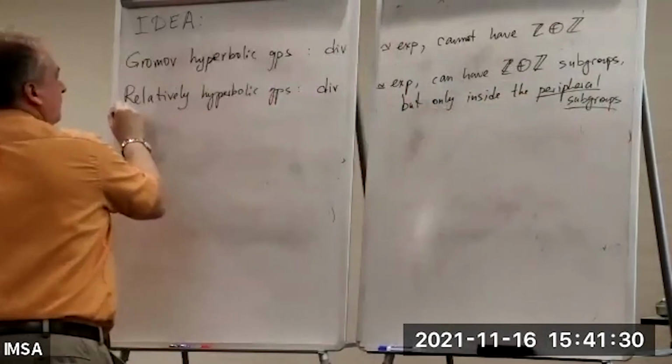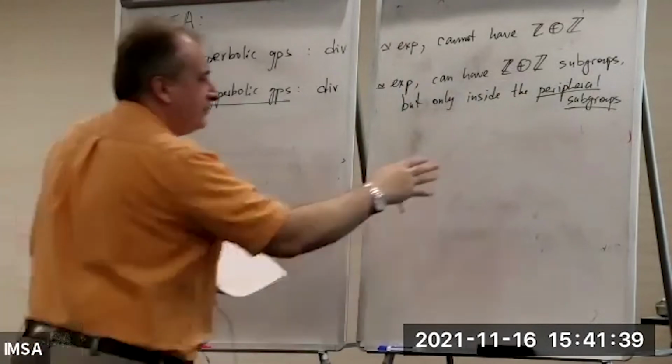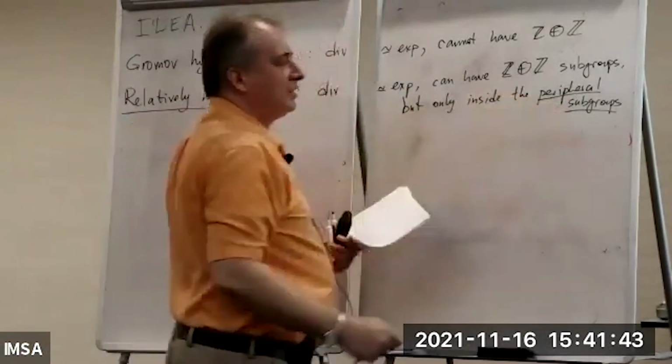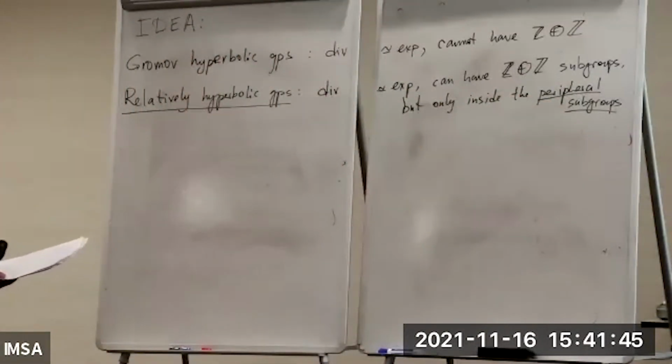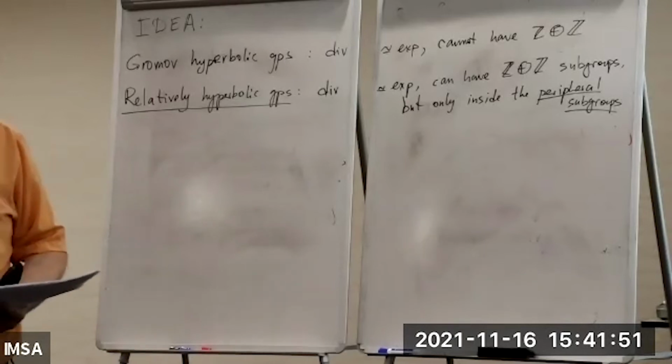Relatively hyperbolic groups are hyperbolic relative to a family of peripheral subgroups. So this Z plus Z subgroup should be hidden there. So it's like a fundamental group of a hyperbolic complement.